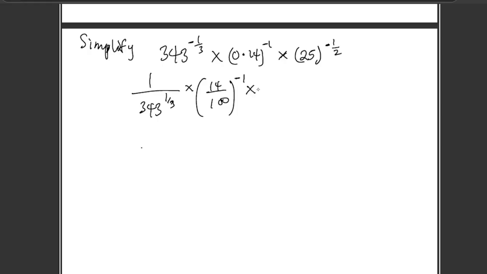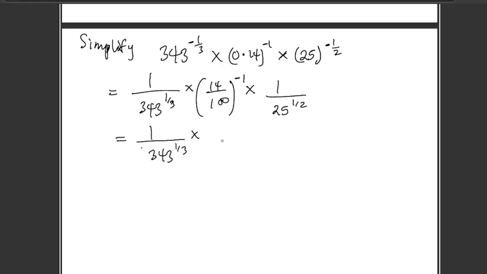Then, as for this one, to remove the negative sign, what happens? We have 1 over 25 to the power 1 over 2. So we have 1 over 343 to the power 1 over 3 times, now we remove the negative sign, so what do we do?